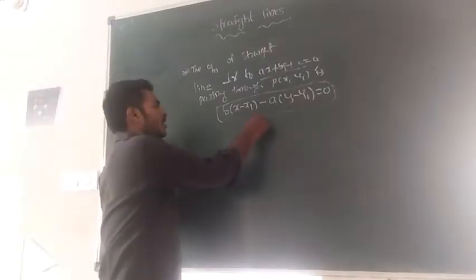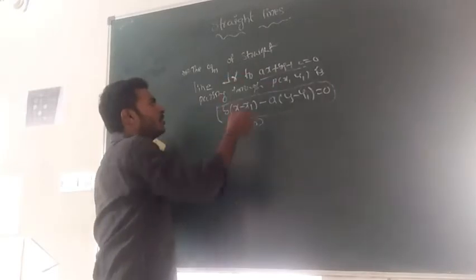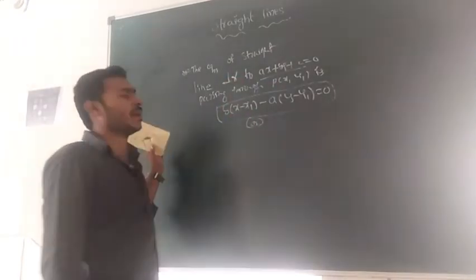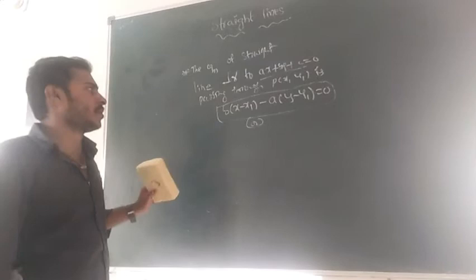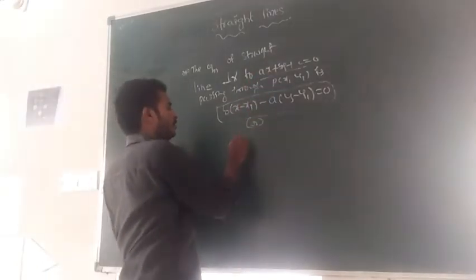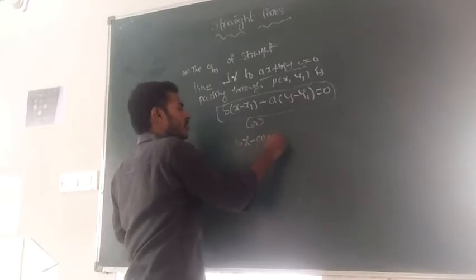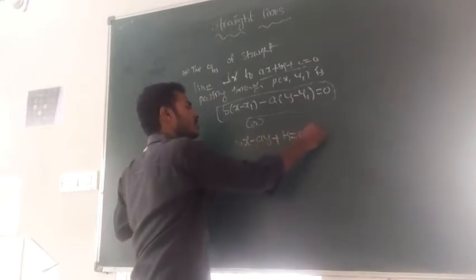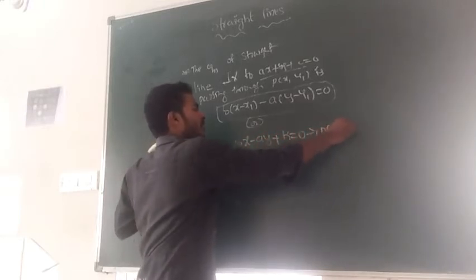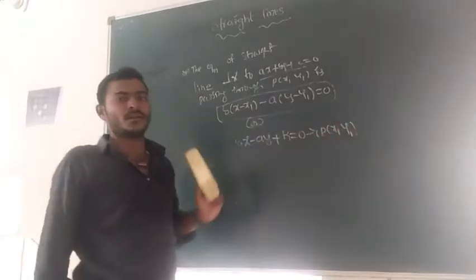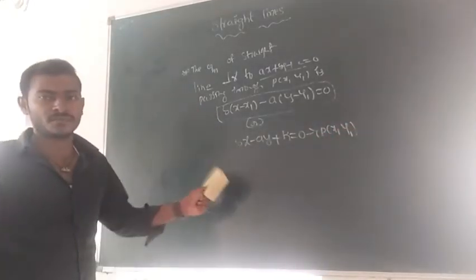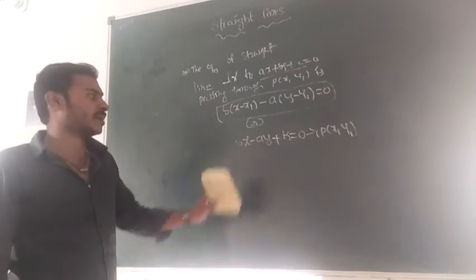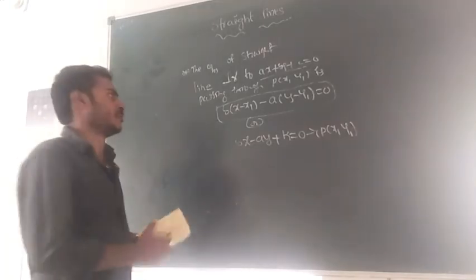Or similarly, we may interchange a and b and change the sign: bx minus ay plus k equals 0. Substitute the point P of x1, y1, get the k value, substitute it there, and again we get the perpendicular equation.